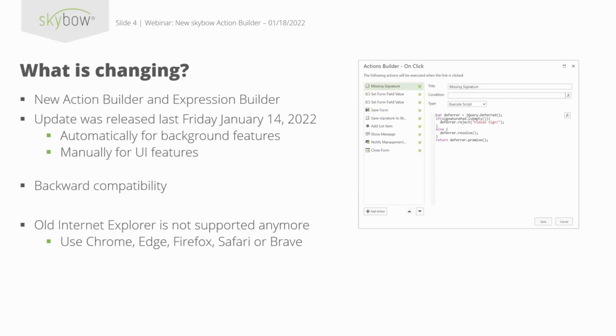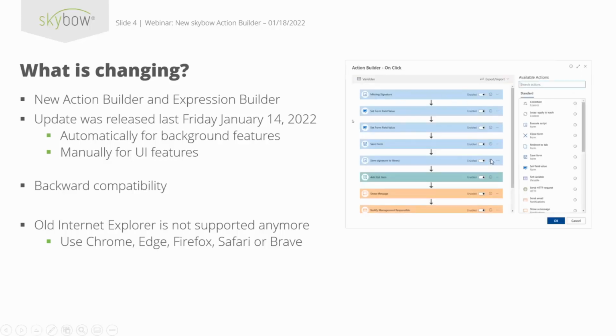And yeah, we built this new action builder to be backward compatible. So if you have an action builder like that, and after an update, you will see it like that.